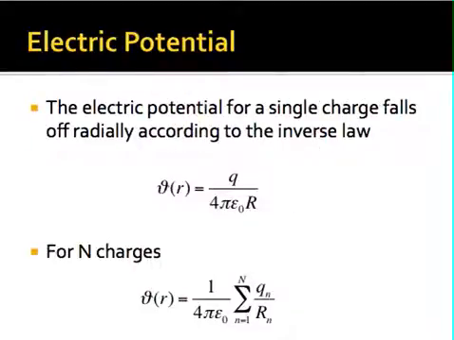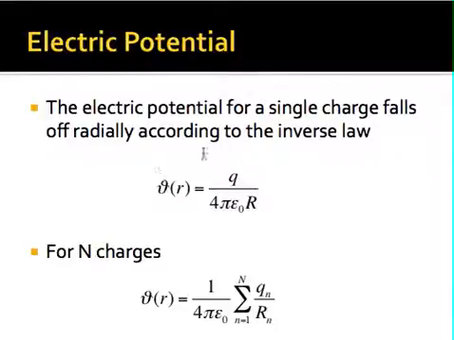So we can compute the electric potential for a single charge by integrating the electric field, or we could compute it based on Maxwell's equations, which we really aren't going to talk about at this point.